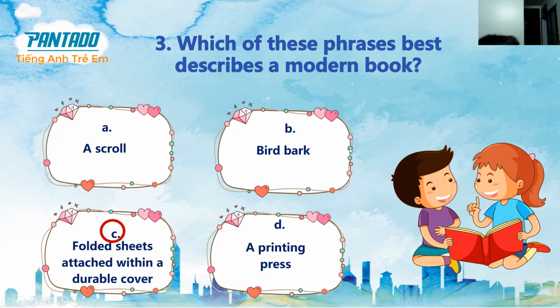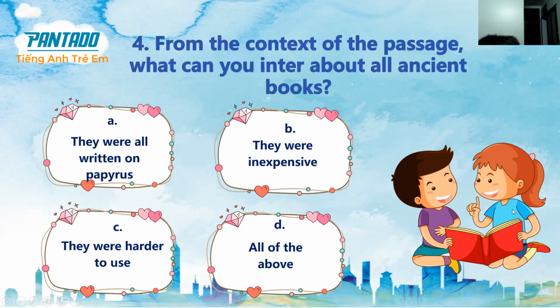Now, from the context of the passage, what can you infer about all ancient books? A, they were all written on papyrus. B, they were inexpensive. C, they were harder to use. Or D, all of the above. Ancient books, okay.